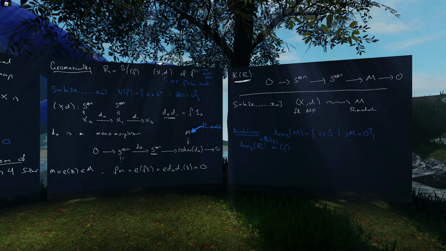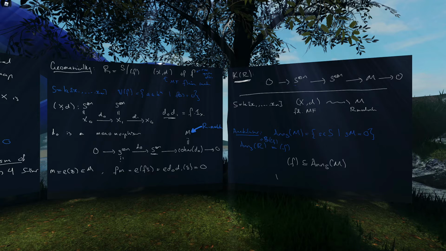Okay, so for our module M, we know that it's an R module, right? So that means that we have the inclusion of ideals, F contained in the annihilator of M. And then that means that when we look at the vanishing set of each of these ideals, we get the following inclusion.